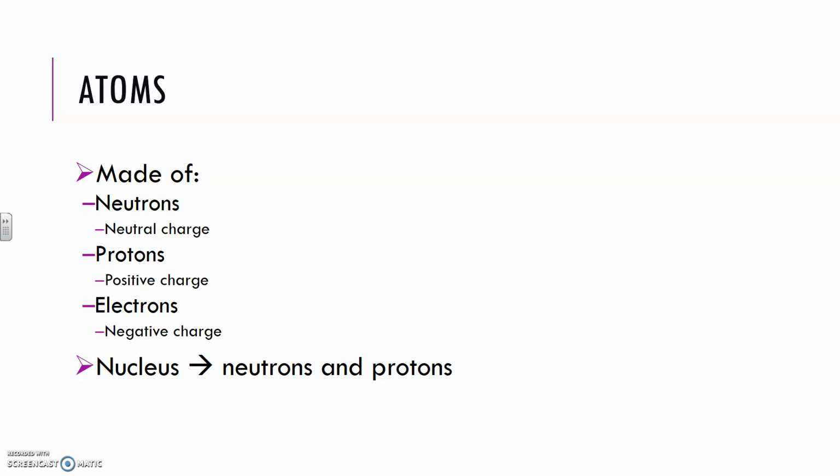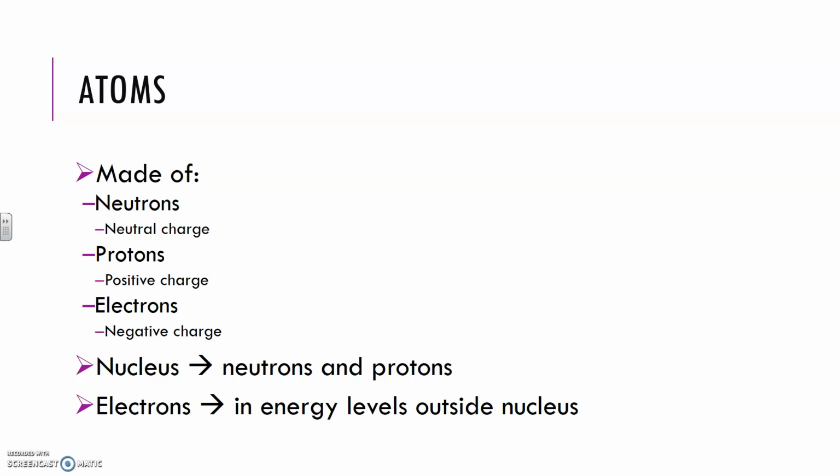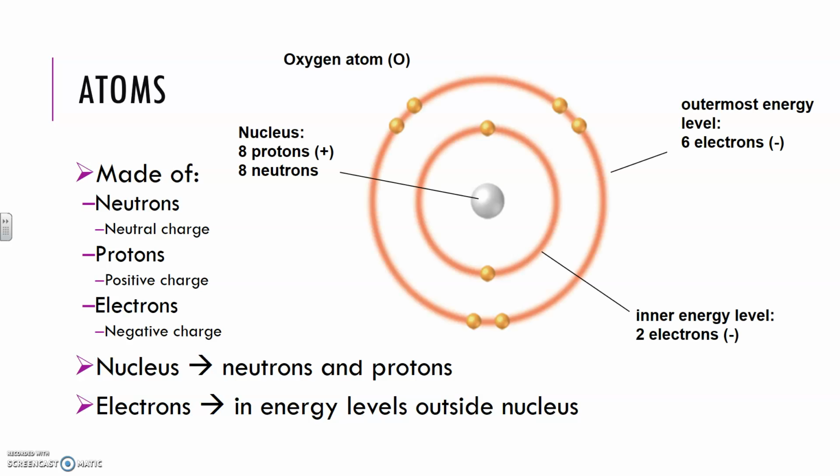What charge overall will the nucleus have? It will be positive. The electrons are hanging out on the outside of the nucleus in what are known as energy levels. Collectively, those energy levels are called the electron cloud, and the electrons move around in the electron cloud outside the nucleus.